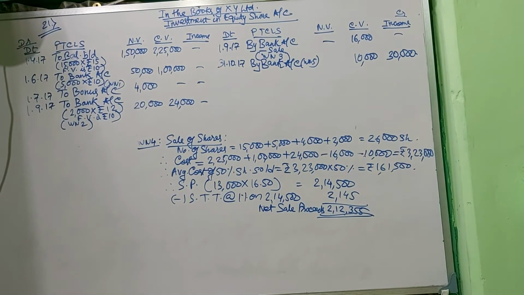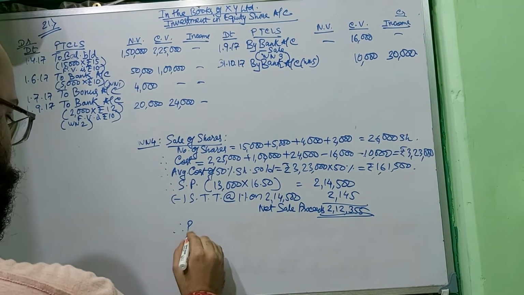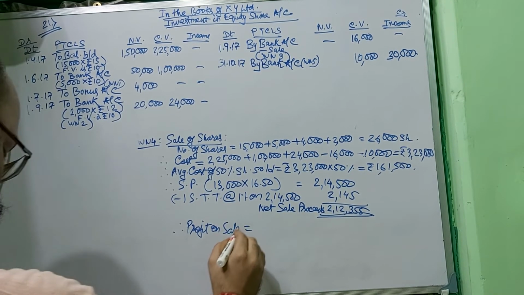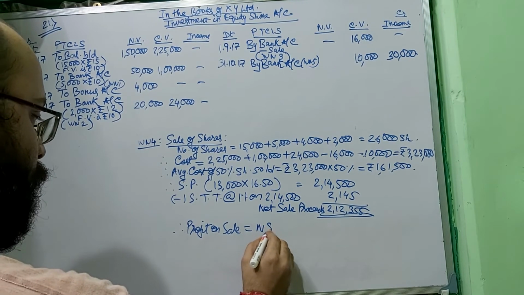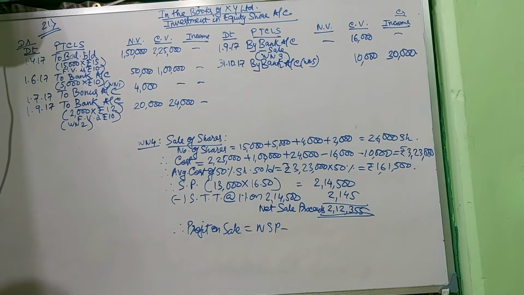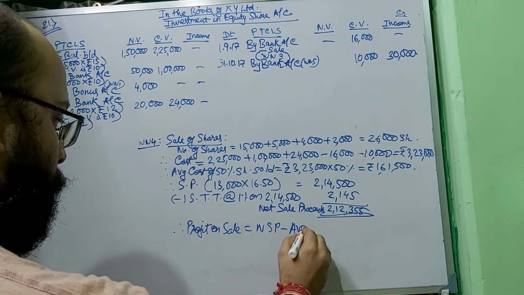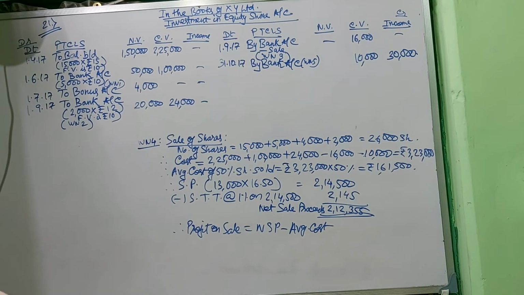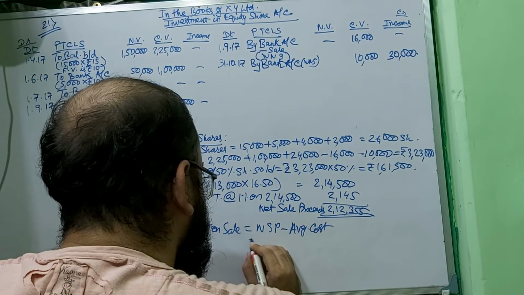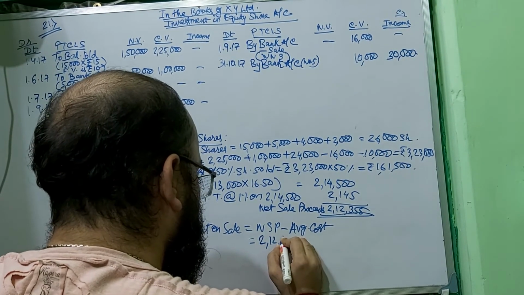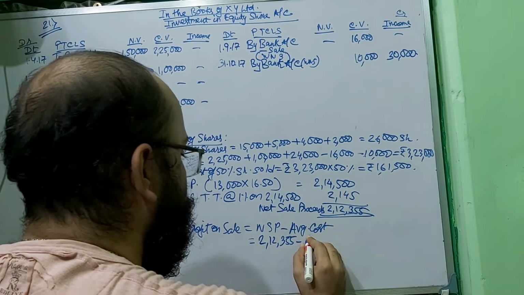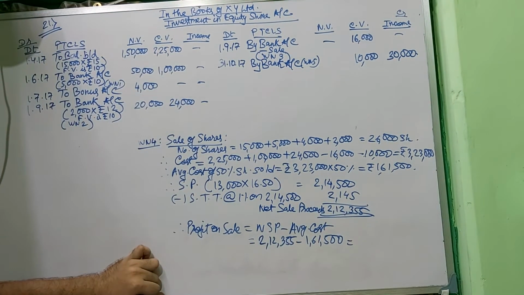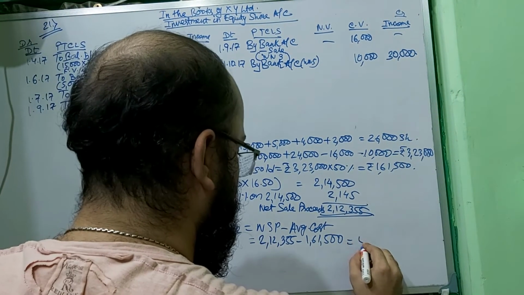Okay. Therefore, profit on sale is equal to net sale proceeds minus average cost. Means 2,12,355 minus 1,61,500 is coming 50,855.